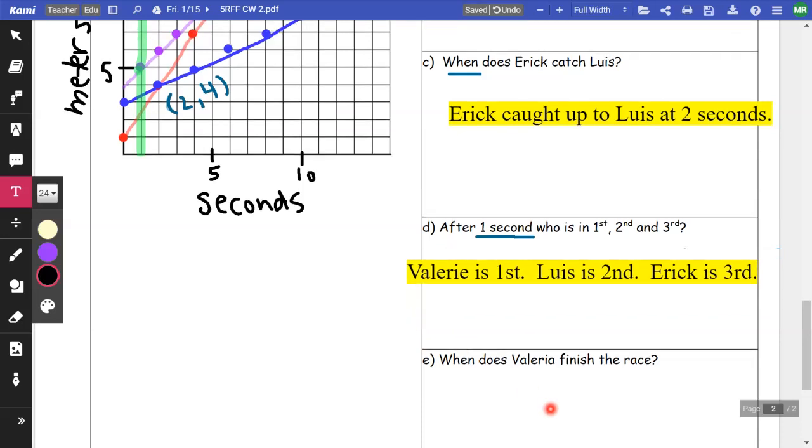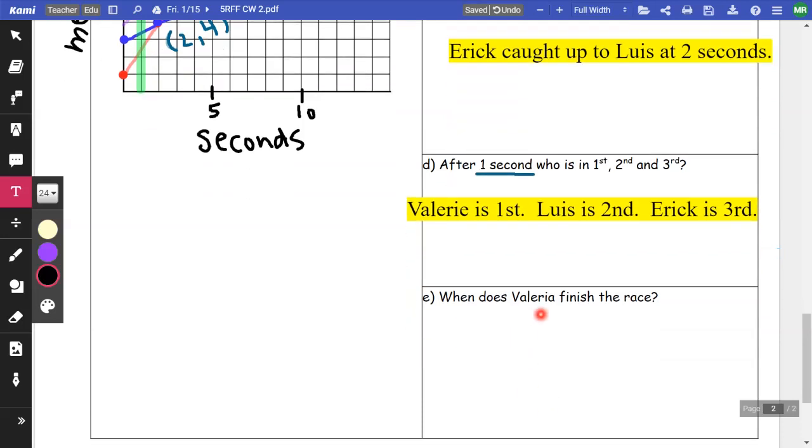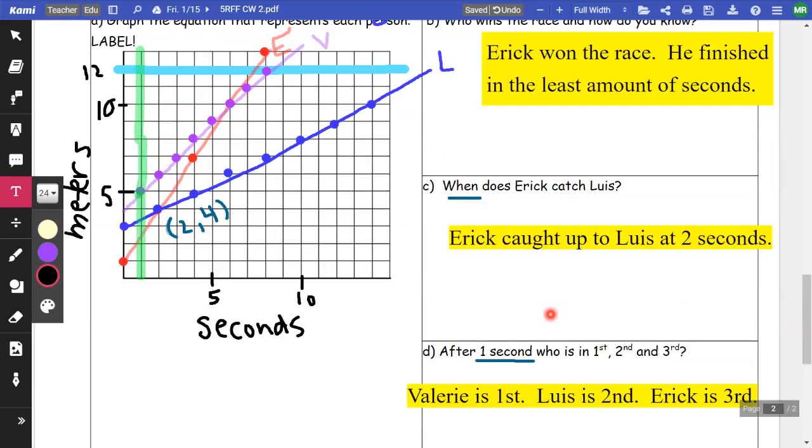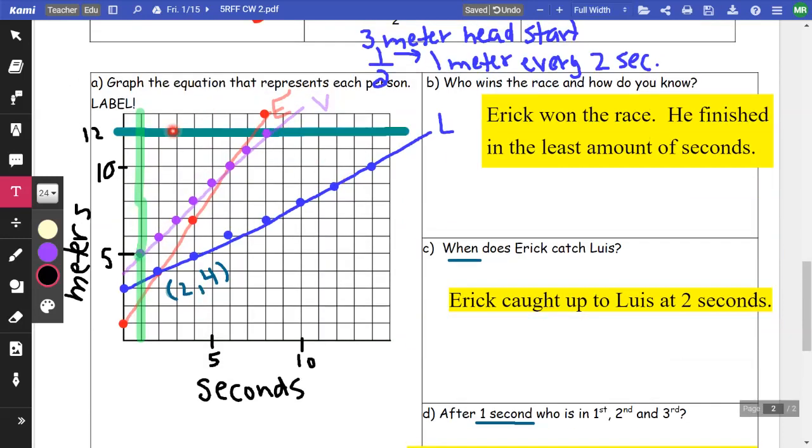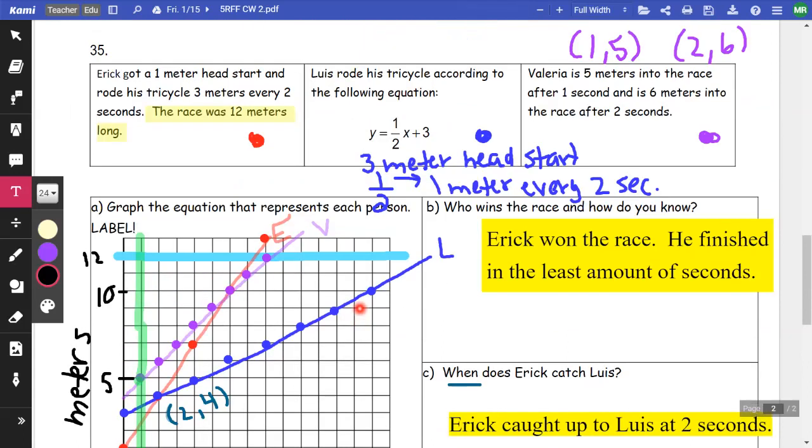When does Valerie finish the race? Okay, so Valerie's my purple. 1, 2, 3, 4, 5, 6, 7. Hold on, let me count again. 1, 2, 3, 4, 5, 6, 7 is when she finishes.